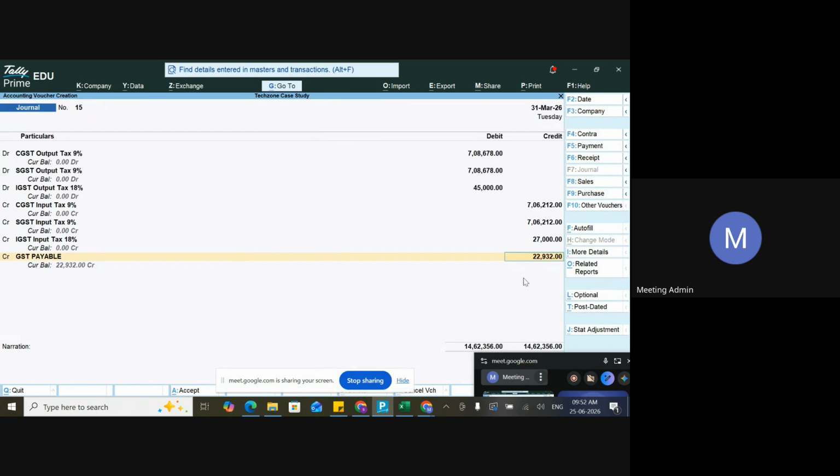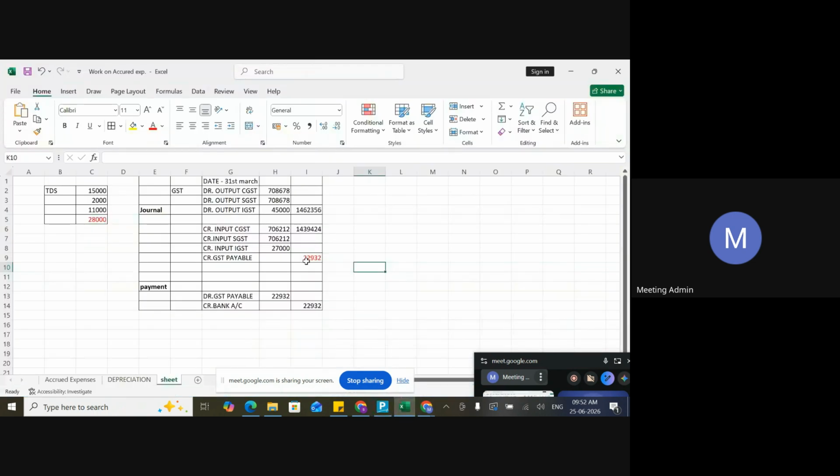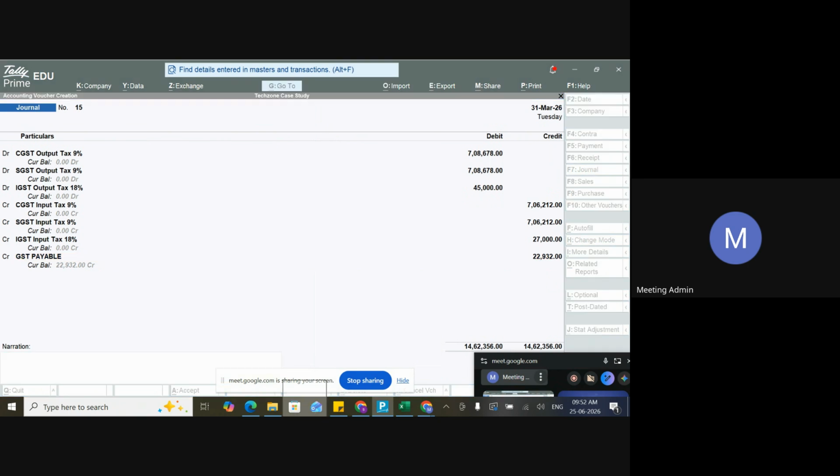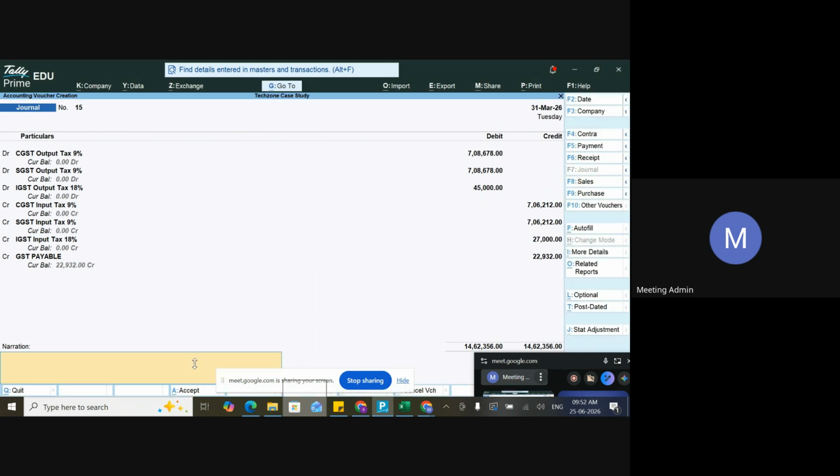So the remaining amount is 22,932, and here also we got the same amount. Can you see this? Now enter. You have to write the narration, being GST set off entry for the year.